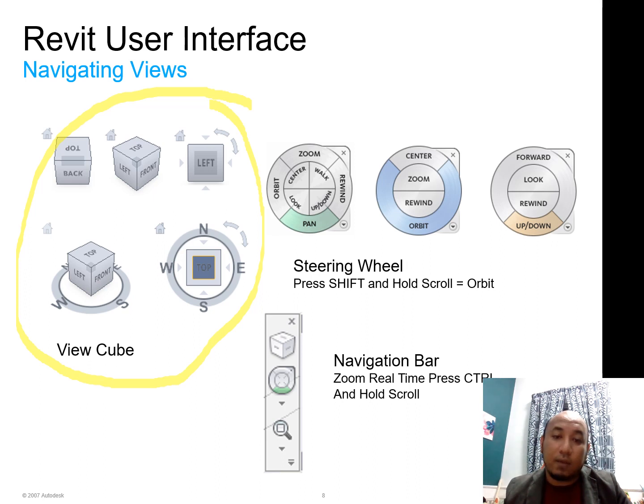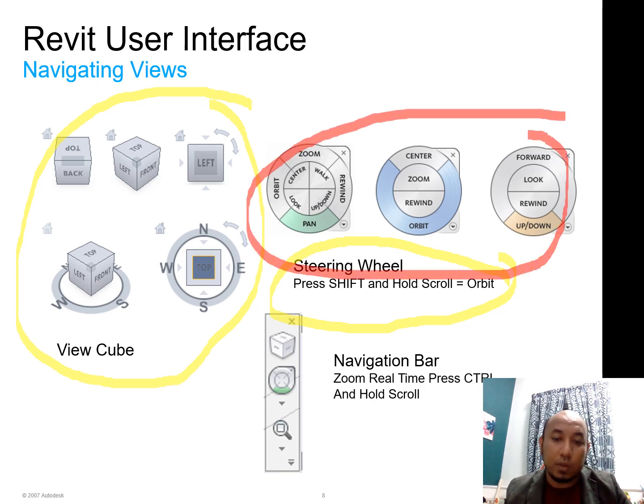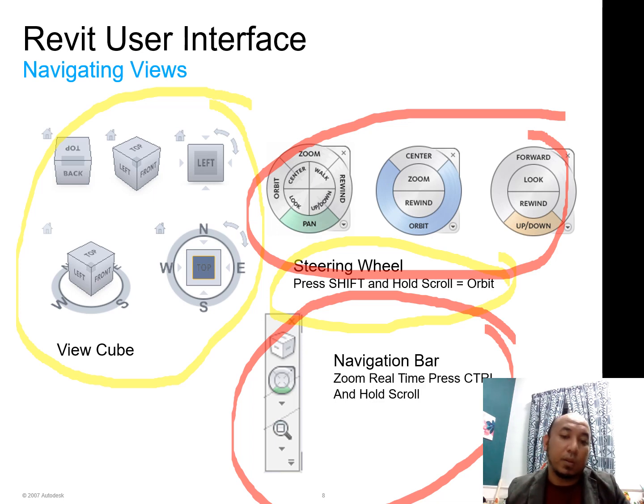Okay, and then they have the steering wheels, like this, and then they have the navigation bar for zoom and real-time pan: press control and hold the scroll. So in the navigation bar, kamu zoom the wheel, and press control and hold the scroll.